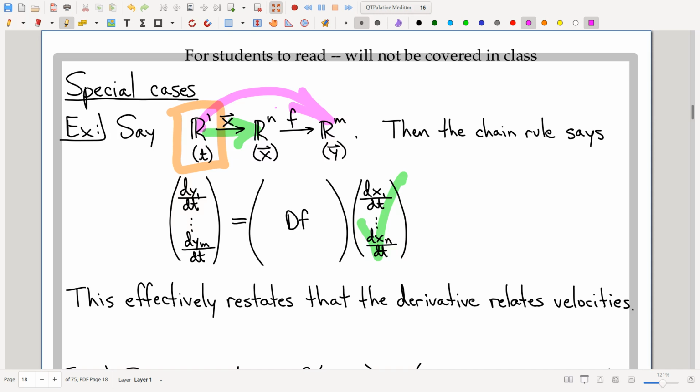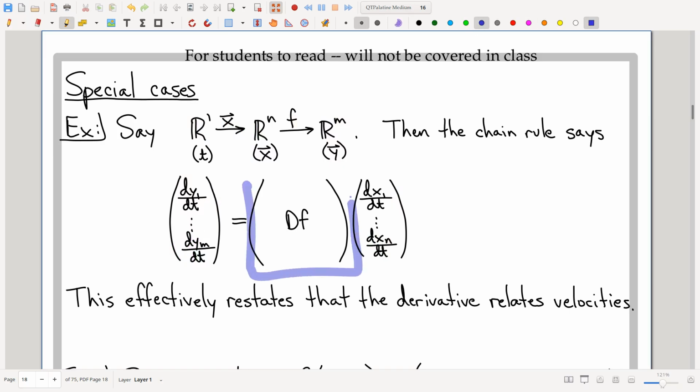It's a parametric curve, and its derivative matrix is a velocity vector. And so in this special case, what we conclude is that the derivative of that f, the derivative of the second function, is what's turning input velocities into output velocities.